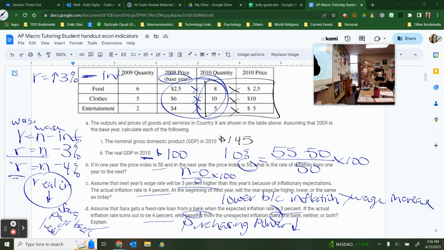But inflation is actually 4%. You could have done that: 3 minus 4. You'd have to make it two separate equations. You could have said they raised her wage by 3, but inflation went up by 4. 3 minus 4 makes her real wage go down by 1%. So when it says actual inflation rate, that's inflation right there. That's expected.